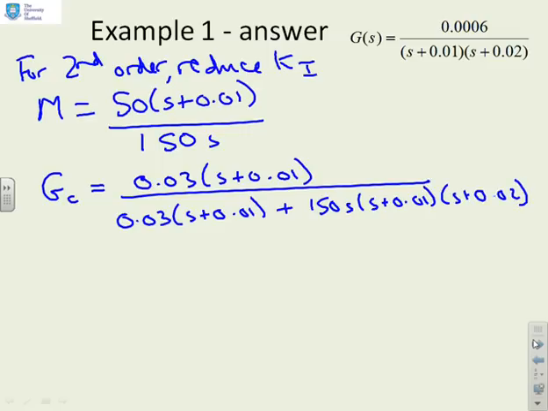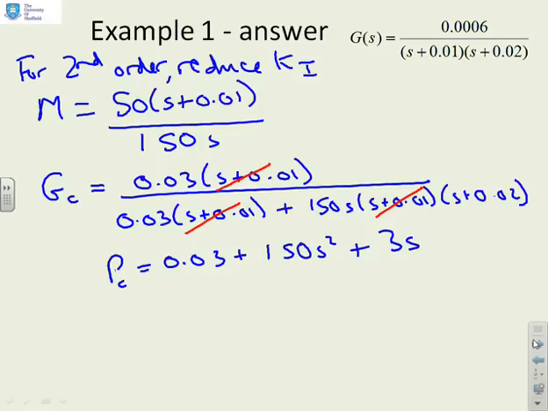And again, you'll see there's some simple cancellations that go out here, and therefore the closed loop pole polynomial is going to be 0.03 plus 150s squared plus 3s. And if you calculate the roots of this one, you'll find the roots are at minus 0.01 plus or minus 0.01j.